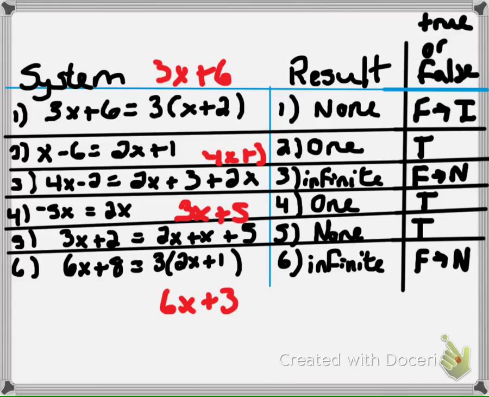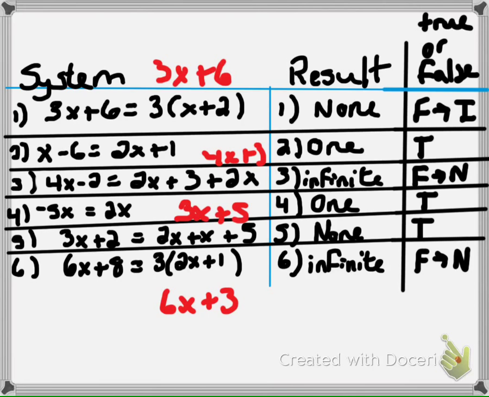So the next thing we're going to look at is you are going to try to add a system of equations to each of your 3 columns on yesterday's chart. You need to add one system that has one solution, one system that has no solutions, and one system that has infinite.